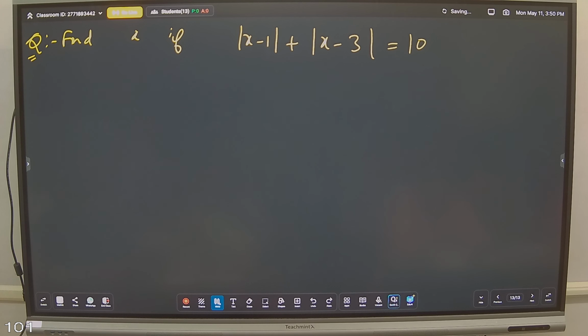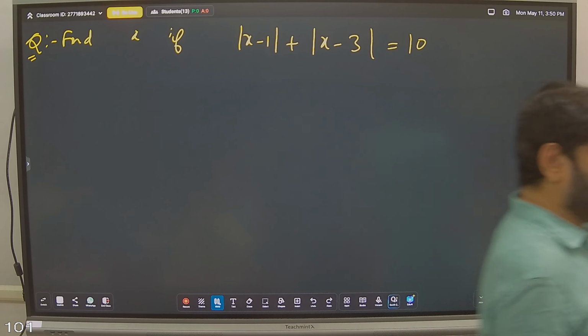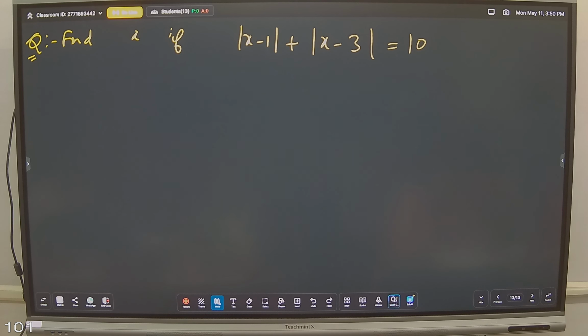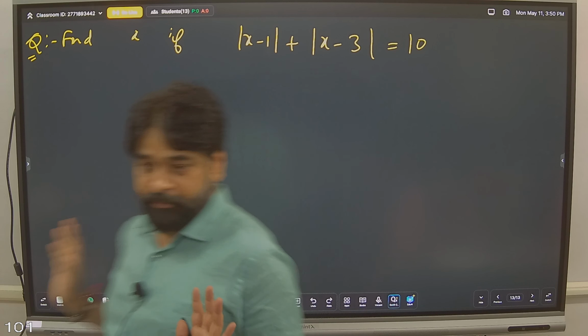Now we are entering that area where all formulas and all methods fail. There is no formula, no method. This is the kind of question which will be done only by the fundamental law. The fundamental law says, kill this mod and get x. No other option.